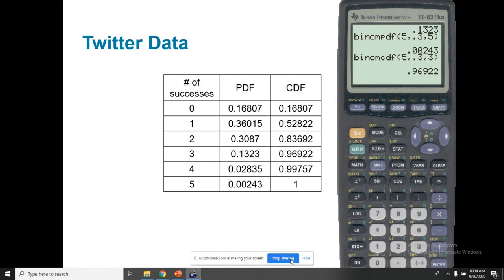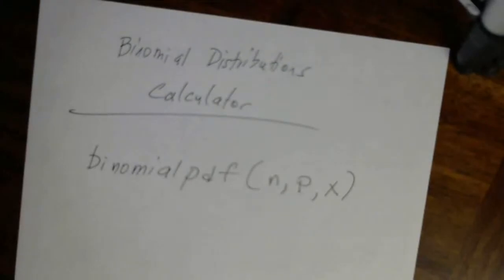Now I'm going to go back to the document camera, and we're going to look at some more probabilities.